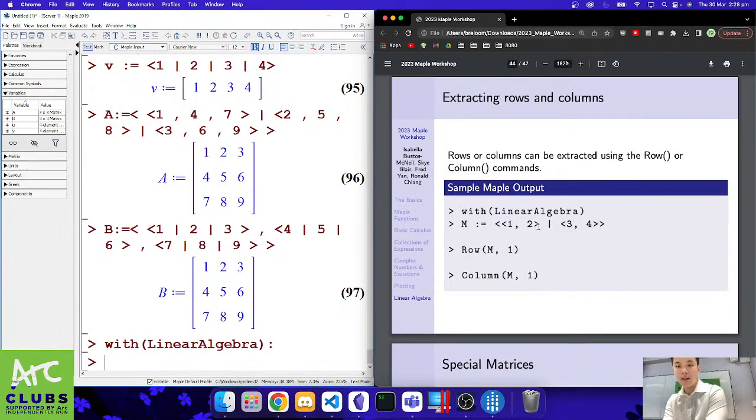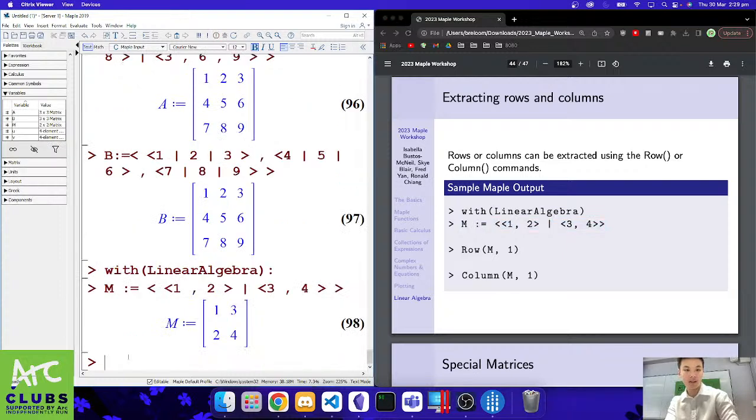Okay, one of the things we can do is extract rows and columns from matrices. That's just simply using the row command and the column command. Okay. So let's define a matrix M. Let it be this square matrix 1, 2, 3, 4.